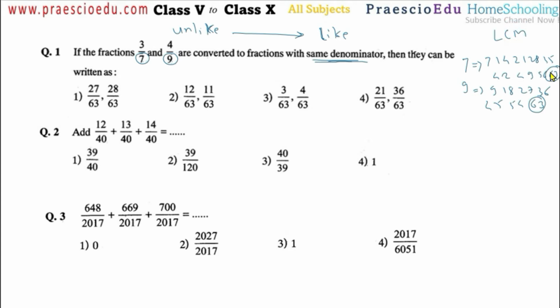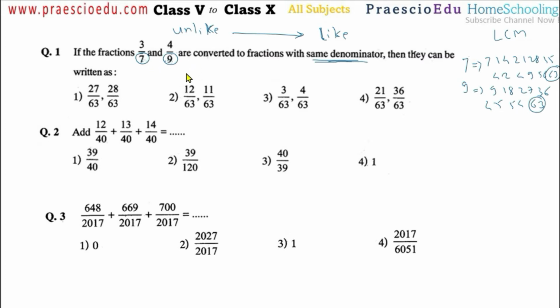Below 63, or smaller than 63, there are no multiples which are common between these two. So 63 is the LCM. Or in another way, we can directly multiply these two denominators. 7 multiplied by 9. Here 7 is a prime number, so of course we do the direct multiplication, and that is the LCM. So this is also another way.